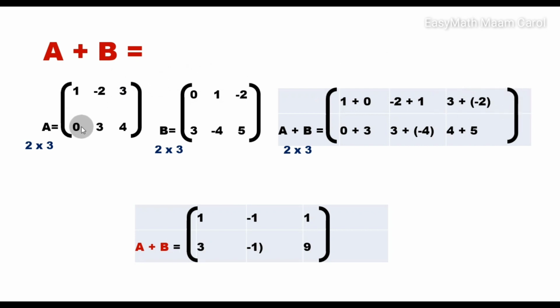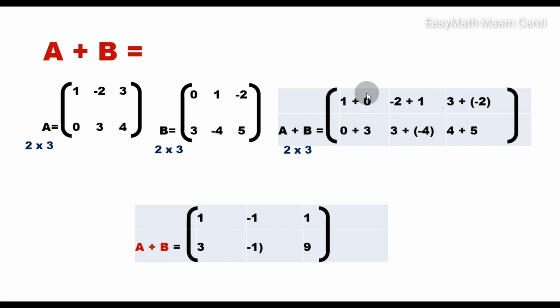Following the pattern, tingnan nyo naman doon sa second row, we have 0 plus 3. Tapos 3 plus negative 4. At saka, finally, 4 plus 5. So, meron tayong inadd sa unang row at saka sa pangalawang row.